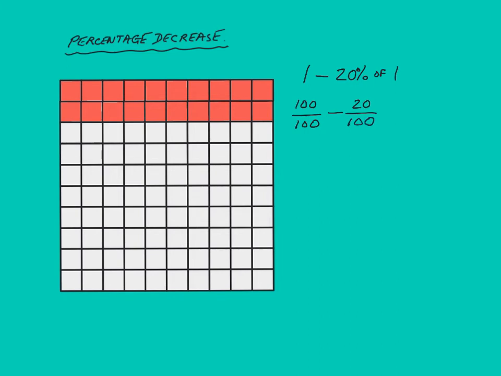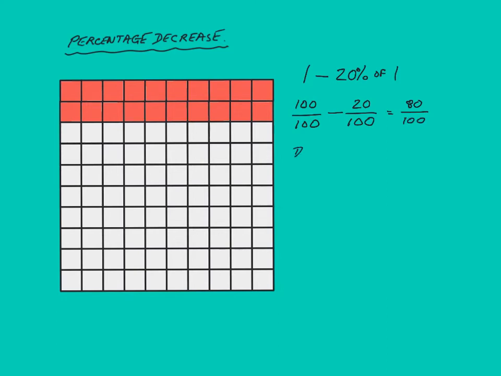That's a 20% decrease. But if we've got 100 of something and we take 20 away, how many are we left with? Well, the white squares. There are 1, 2, 3, 4, 5, 6, 7, 8 rows of 10, so we're left with 80 hundredths.